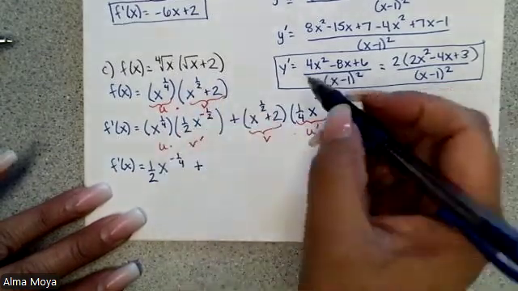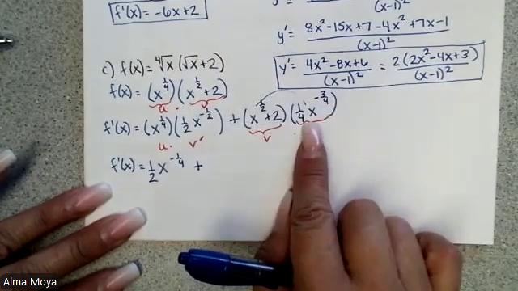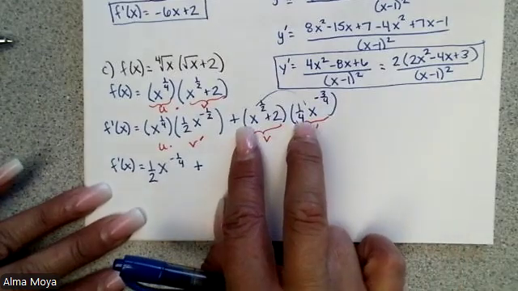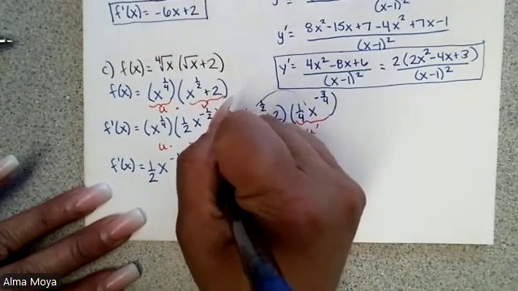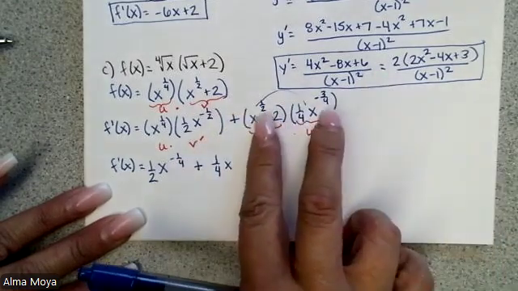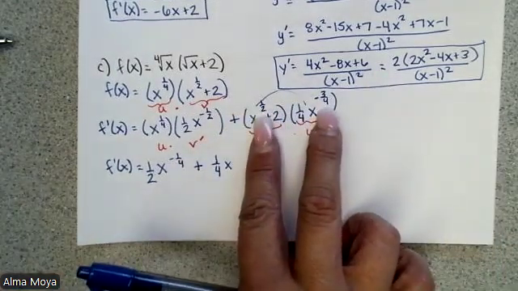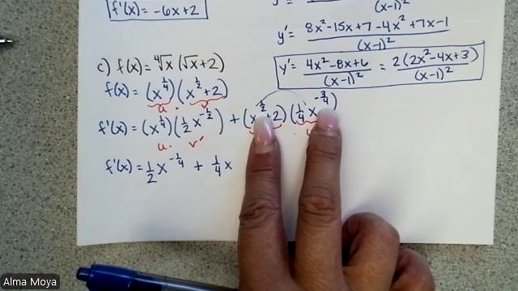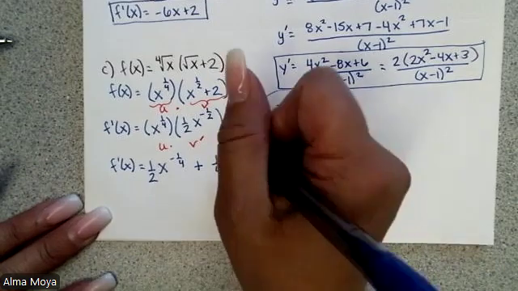Now right here, when you distribute this 1/4, you're going to be left with 1/4 times 1, which is 1/4. And then here, when you add up these powers, you have 1/2 minus 3/4. That's going to give you a negative 1/4.